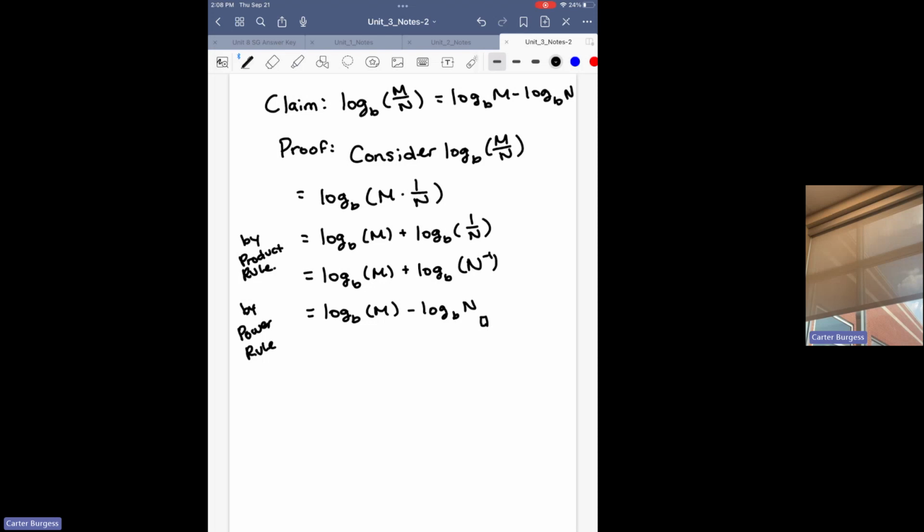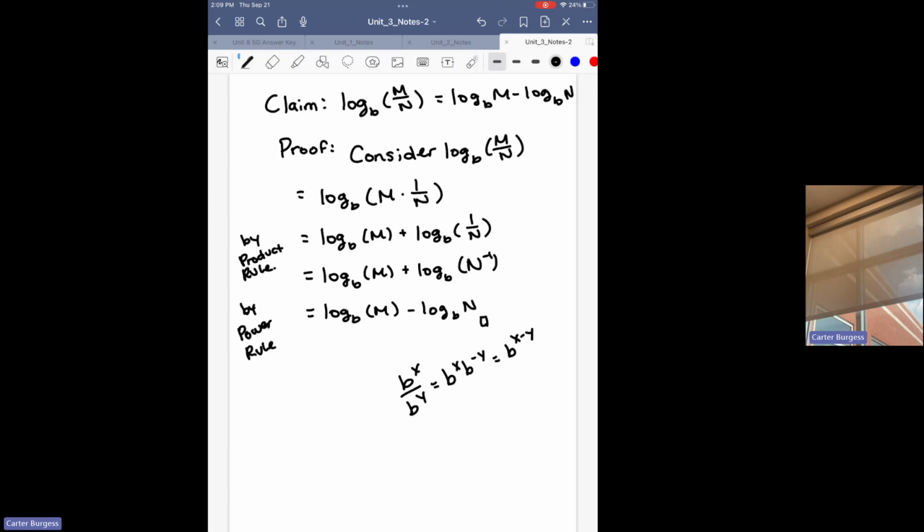If I do b to the power of x divided by b to the power of y, you guys probably know this as b to the x minus y, and that's certainly true, but this is also just the same as b to the x times b to the negative y. And when you add the powers, you also get b to the x minus y.